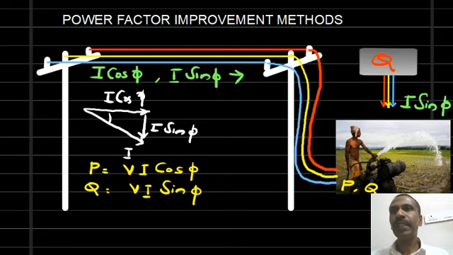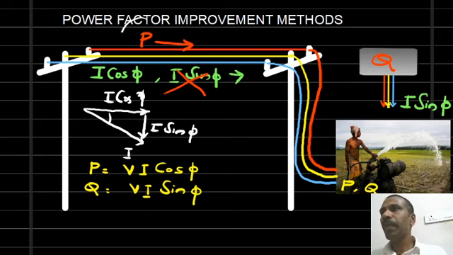Now, what is the component that is to be transmitted? Only the I cos phi component, because the I sin phi component, or the reactive component of the current, is supplied locally. Or I can say the reactive power is supplied locally, only the active power has to be transmitted.